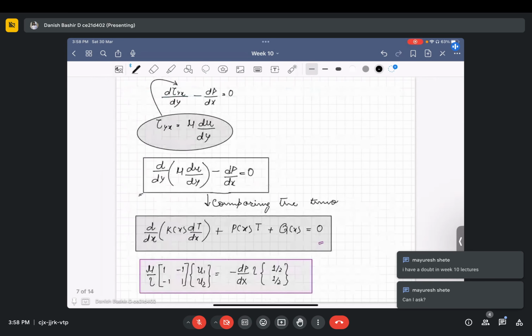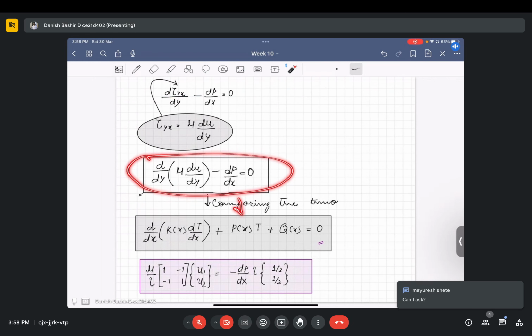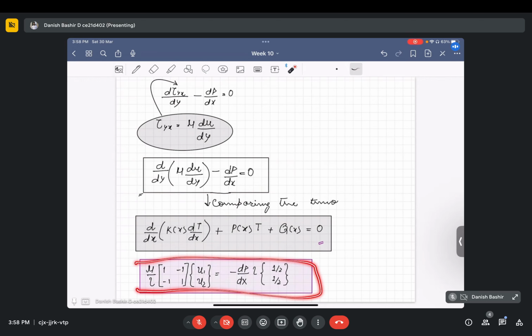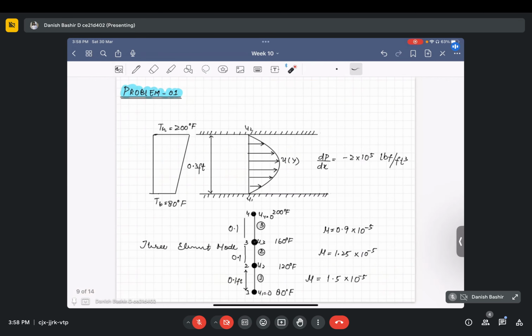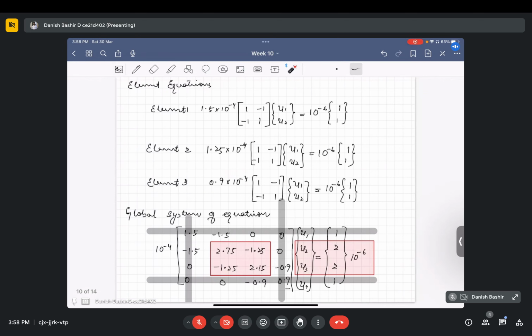We deduced the governing differential equation for the fluid flow problem as well, and then compared it with the general boundary value problem and got the element equation directly. From that element equation, we got the velocity profile, the shear stress, the total volume flow rate, and then we solved one full-fledged problem on that.